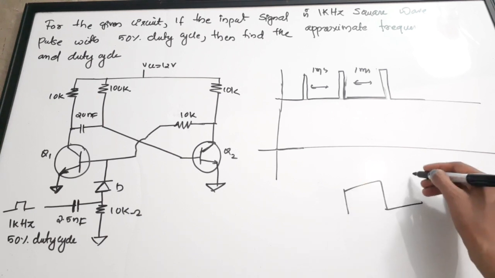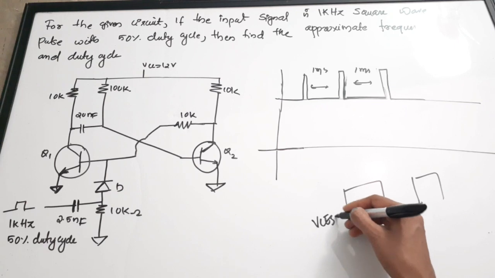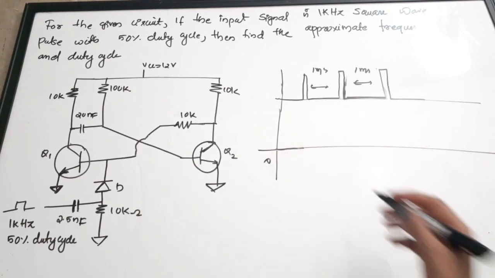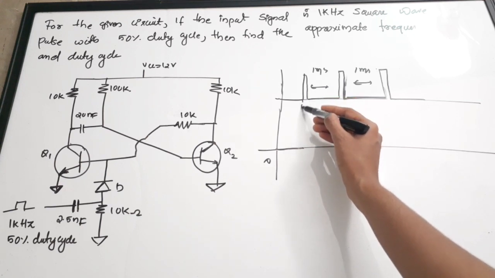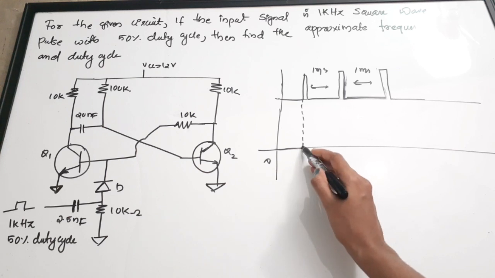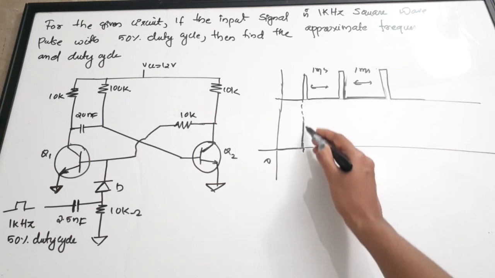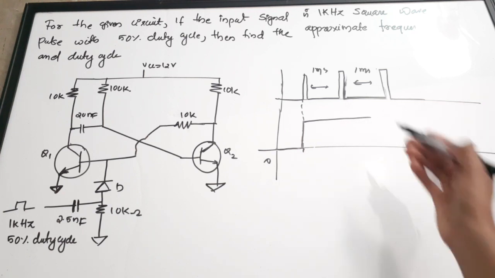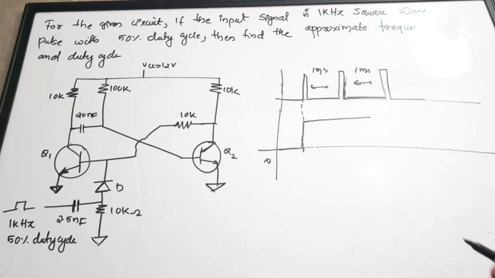While drawing the waveforms, we drew VC sat and VCC, but for this question we'll take the low value as 0. Now when it encounters the first triggering pulse, from the stable state it shifts to an unstable state, remains in the unstable state for some time, and then shifts back to the stable state.